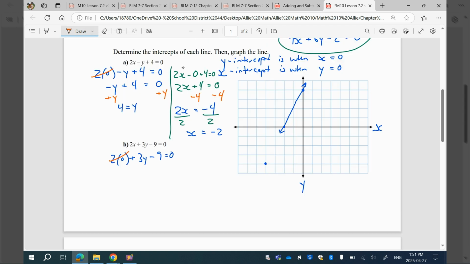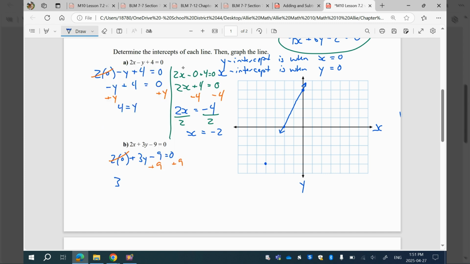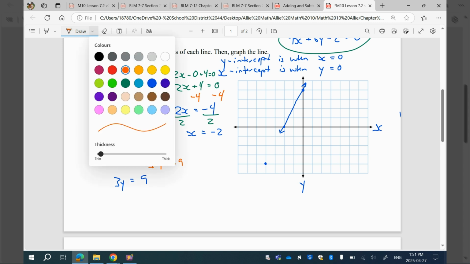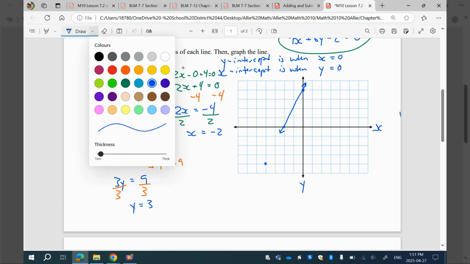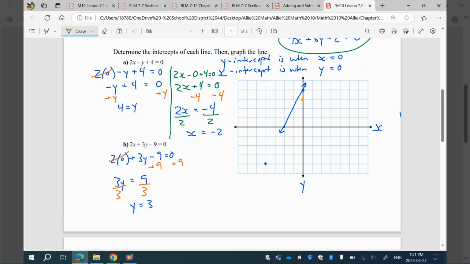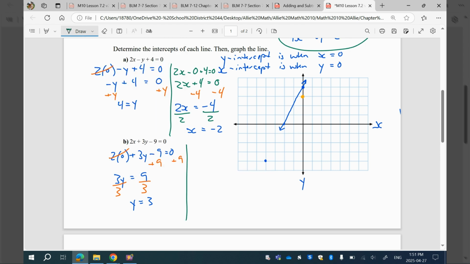Plus 9 plus 9. So now we got 3y equals 9. And to get the y by itself, let's divide by 3 on each side. And we have it that when x equals 0, y equals 3. Maybe let's do a different color. Right there.